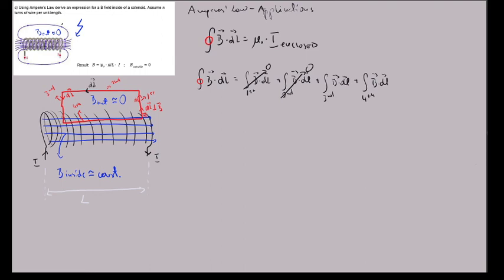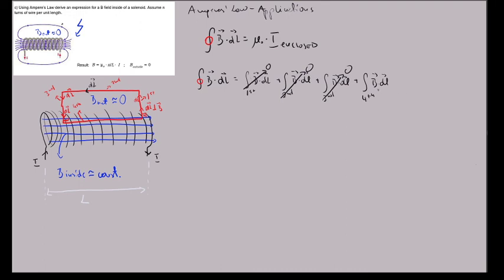And then eventually when I enter the solenoid, I have a little segment dl that would be dotted with the magnetic field, but the two are perpendicular. I have 90 degrees here. And because they're perpendicular, the dot product would be 0. So this one is also 0 for the same reason as the first integral was 0.